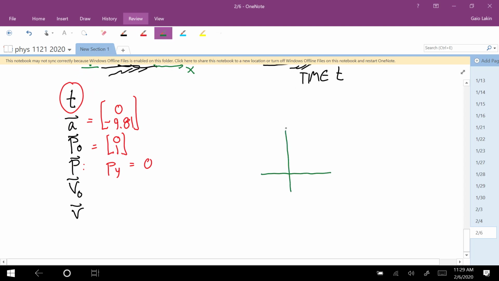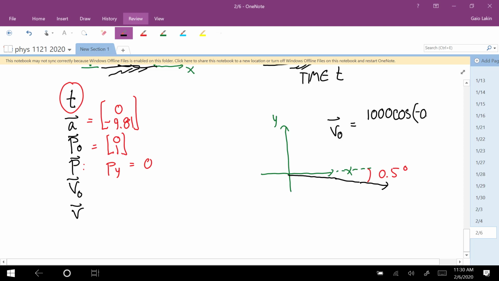And now for the initial velocity, I'll calculate it over here. Here's our coordinate system. The vector is like this, where this angle is 0.5 degrees. And so that means that V0 is 1,000 times cosine of negative 0.5, 1,000 sine of negative 0.5.